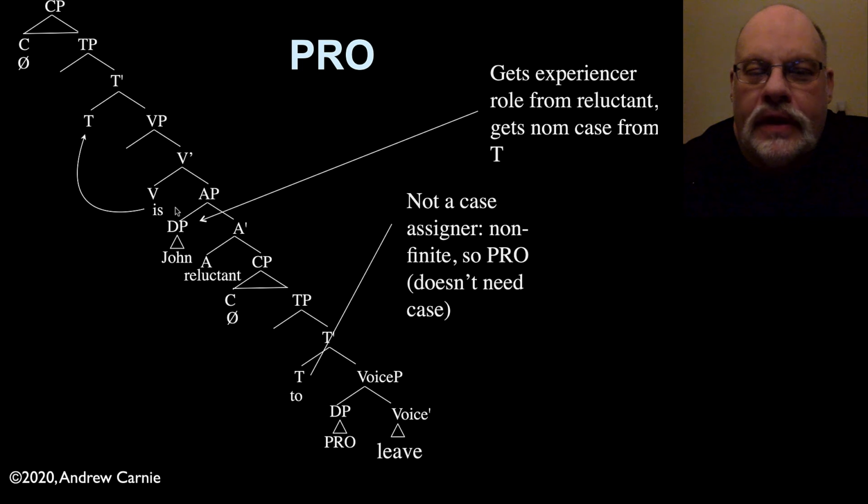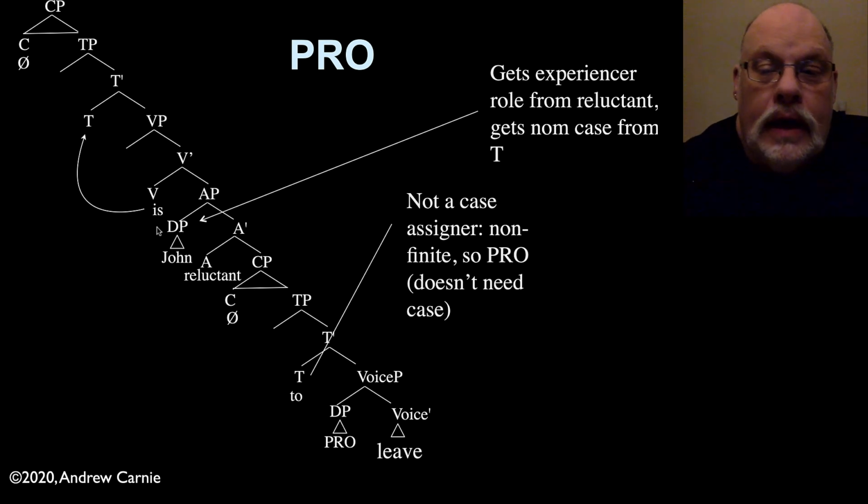If you wanted to put a kind of voice phrase in here, you could do that too. But it's going to get its experiencer role in this position. PRO, which is the agent of leave, is getting its theta role down here. So we have two DPs because we have two theta roles. It's just this one happens to be null.